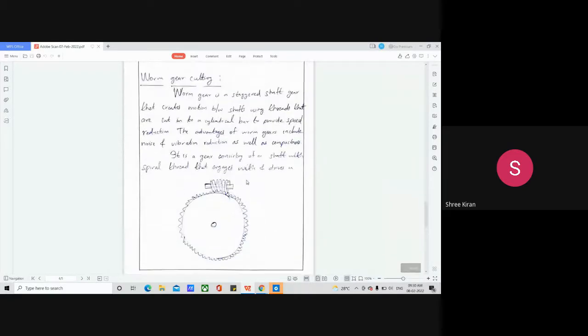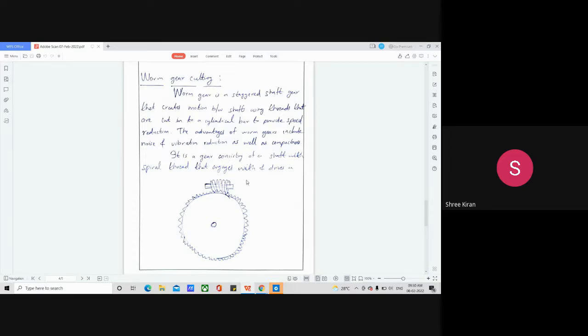In the case of worm gear cutting, it is a staggered shaft gear. The main word is staggered.